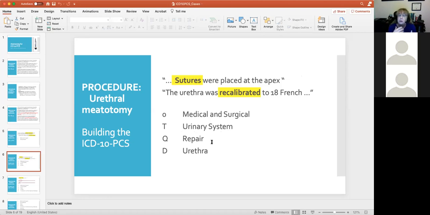We have sutures were placed and the urethra was recalibrated. And that tells us that nothing was removed, nothing was put in, it was repaired. The problem was she had urethral meatus stenosis. What does stenosis mean? It's restricted.